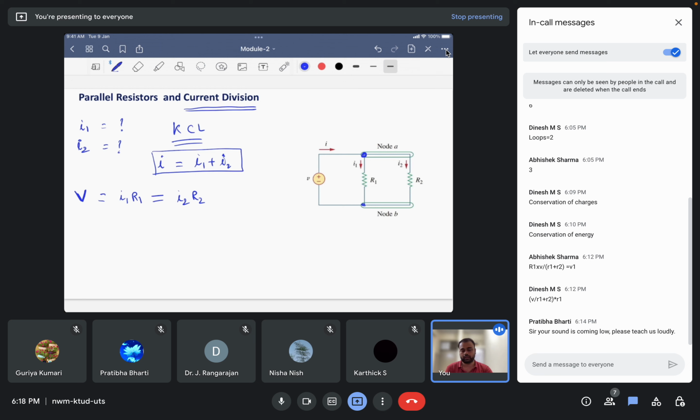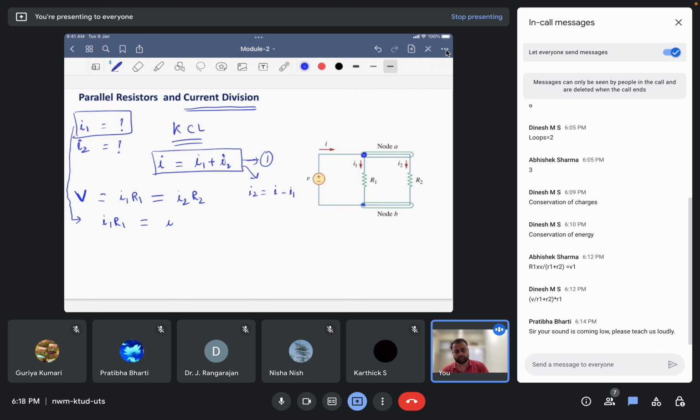Okay, so now we have to substitute this value here. Suppose we need to find I1 first. For getting I1 we have to substitute I2 in this equation, that is the KCL equation. So I2 will be I minus I1.